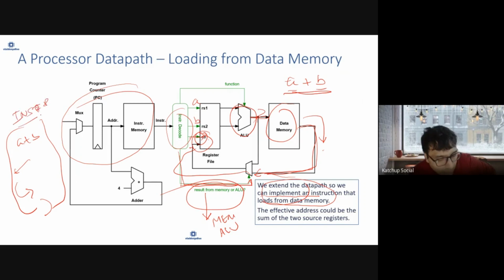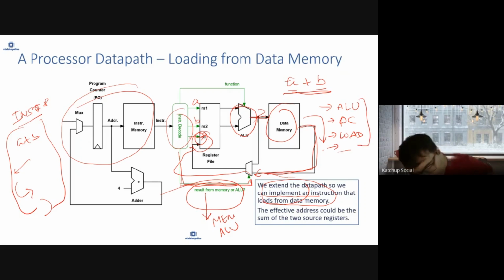So the code has become dense, because otherwise you first do the ALU addition, store that somewhere, then do a load instruction and load that from memory. This would have been four assembly commands, which can now be made just one command because of adding the data memory layer directly here. So this can make the code dense. We added this even in our simple processor.